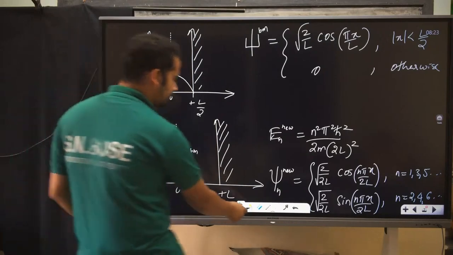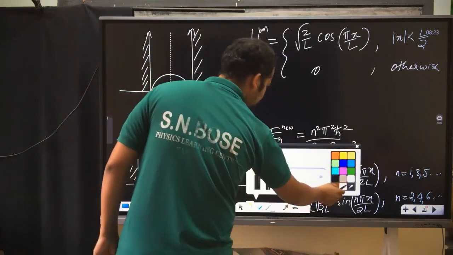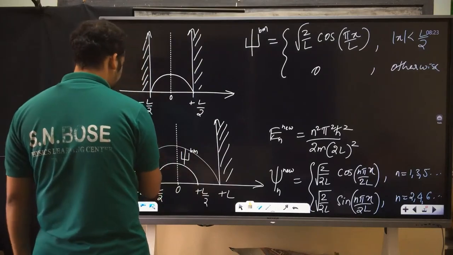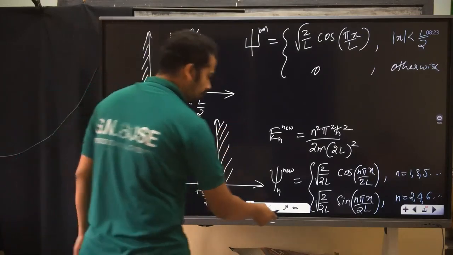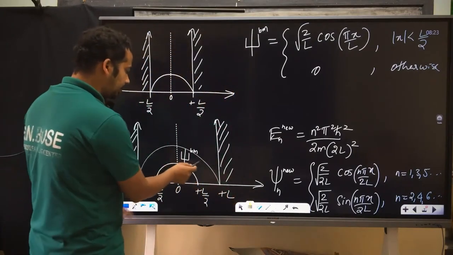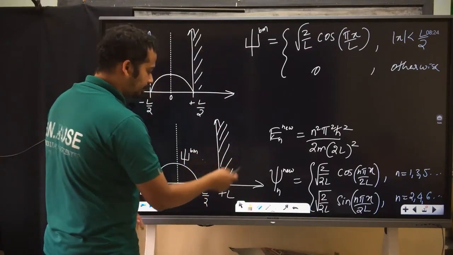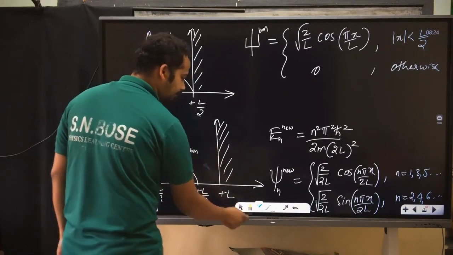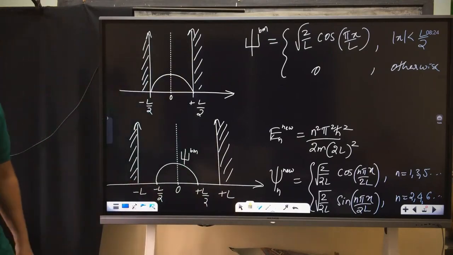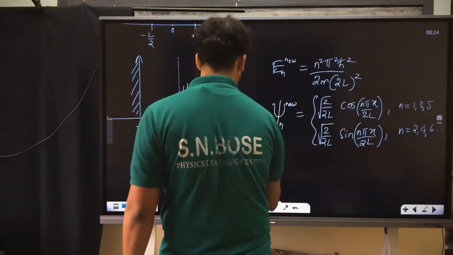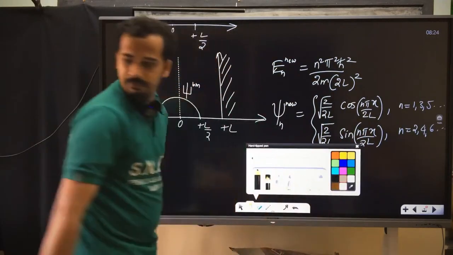Suppose I draw the ground state, the first excited state like that. Using the eigenstates of the new box, you can generate this function. Now the idea here is the state before the measurement.